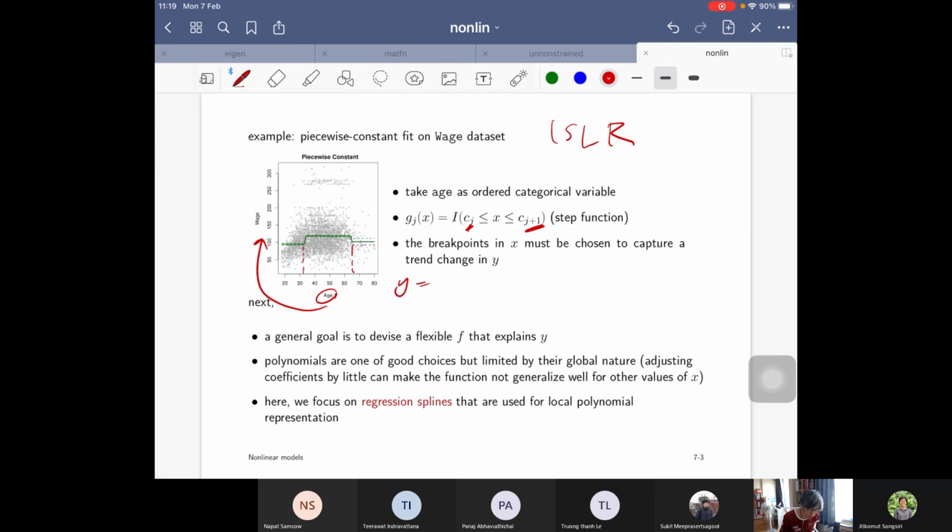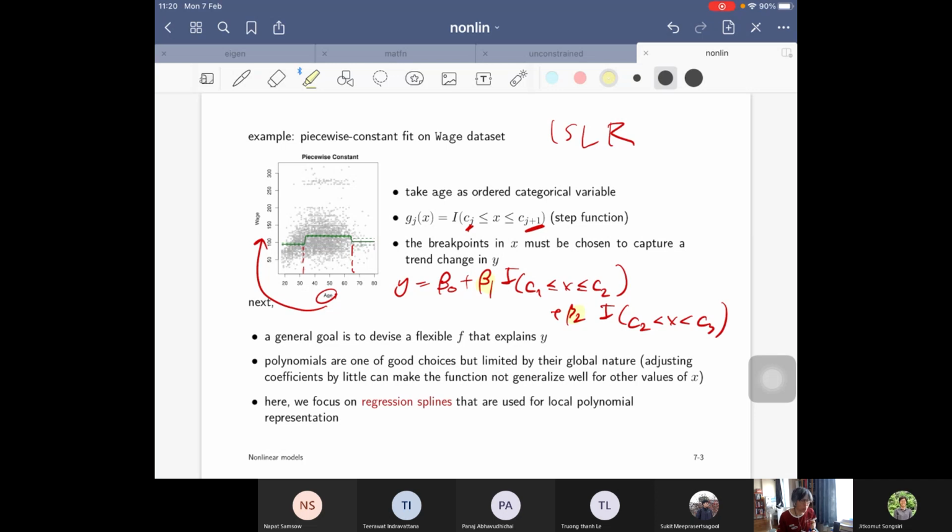So suppose y equals beta 0, plus beta 1 times the indicator function between c1 and c2, and beta 2 times the indicator function between c2 and c3, for example. Then you want to estimate these beta_k, and the result turns out to be the green value.